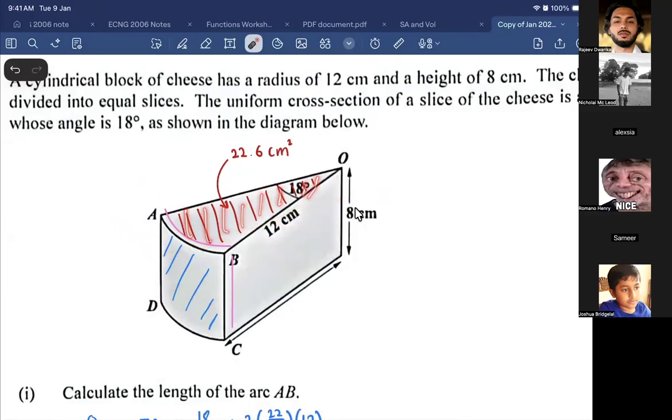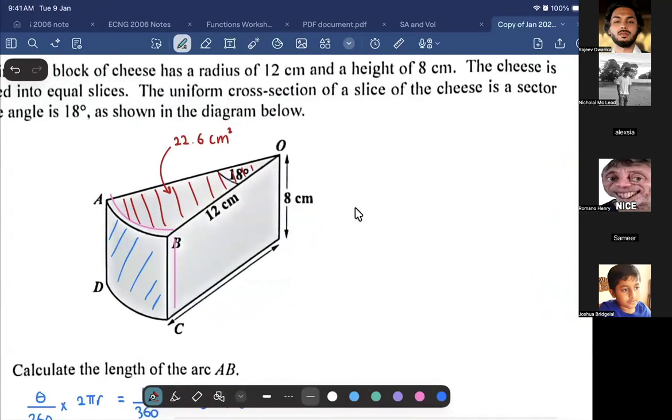Think about it like this. You have the area for this top, and you have the height. So how do you think you'd find the volume then? 22.6 by 8. Yeah, because for any prism, it's just the height by the cross-sectional area, and the cross-sectional area is 22.6.